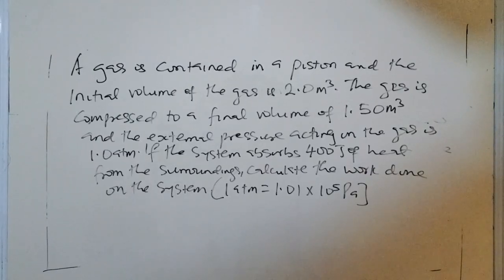So let's look at this question that says a gas is contained in a piston and the initial volume of the gas is 2.0 meter cube. The gas is compressed to a final volume of 1.50 meter cube and the external pressure acting on the gas is 1.0 atmosphere. The system absorbs 400 joules of heat from the surroundings.